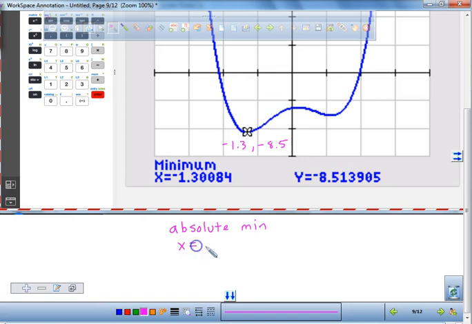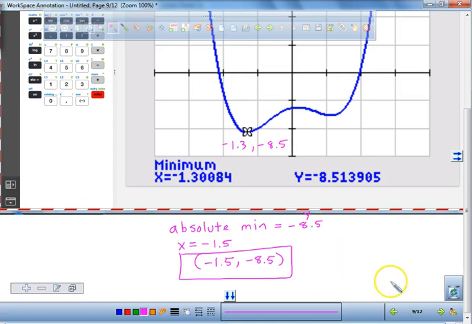X is equal to negative 1.5. And where is it at? The absolute minimum is at negative 8.5. So your ordered pair would just be negative 1.5 and negative 8.5. If you put that ordered pair right here and say absolute minimum, that's fine. This is your y value, and that's your x value.